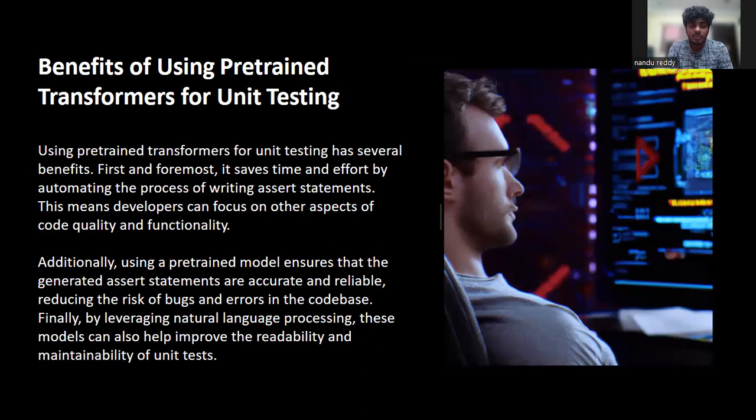Additionally, using a pretrained model ensures that the generated assert statements are accurate and reliable, reducing the risk of bugs and errors in the code base. Finally, by leveraging natural language processing, these models can also help improve the reliability and maintainability of unit tests.